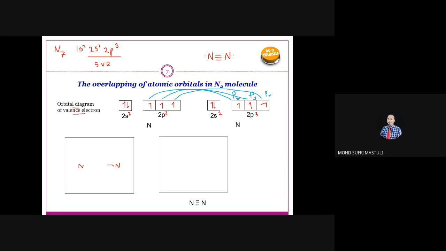So this is a px, this is a px, and then we also have to draw the py. This is a py. You can draw better than me because I'm using the mouse. Py and py, and also you draw the pz on the z-axis.